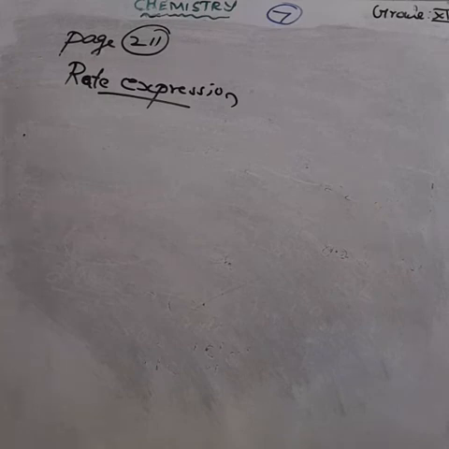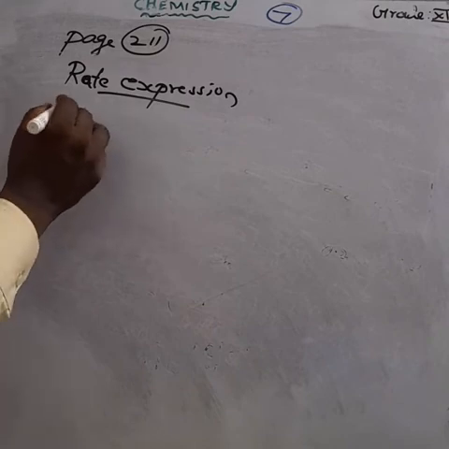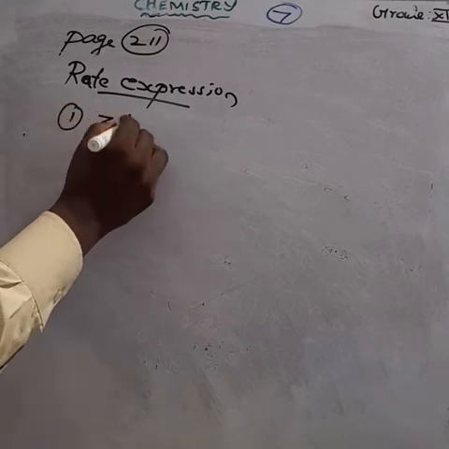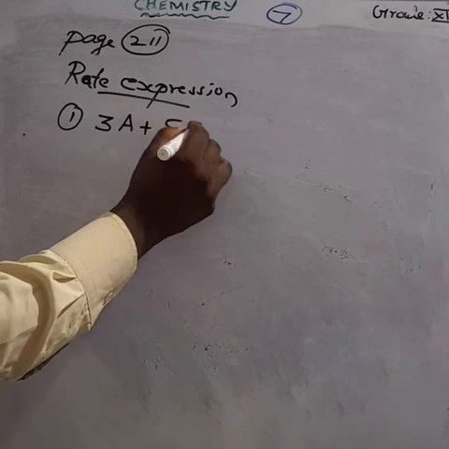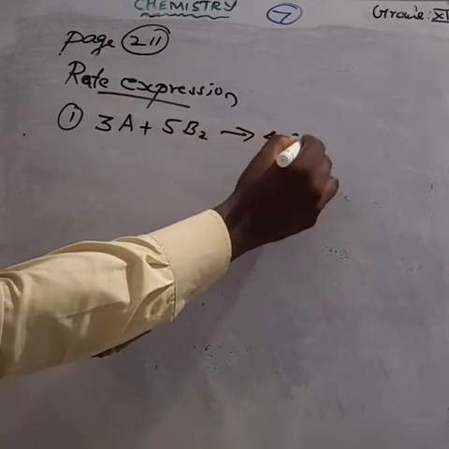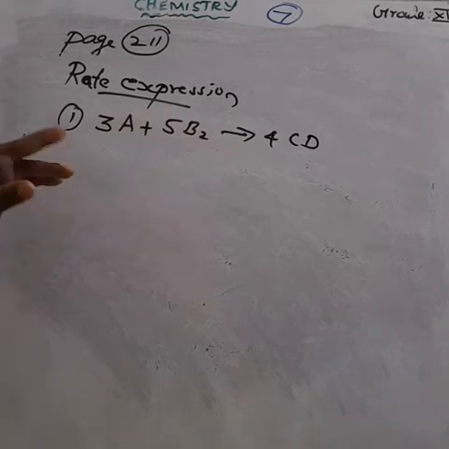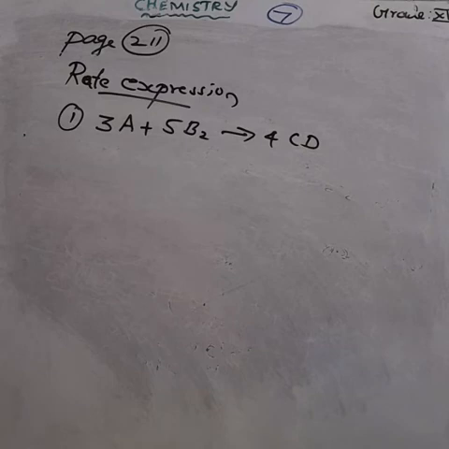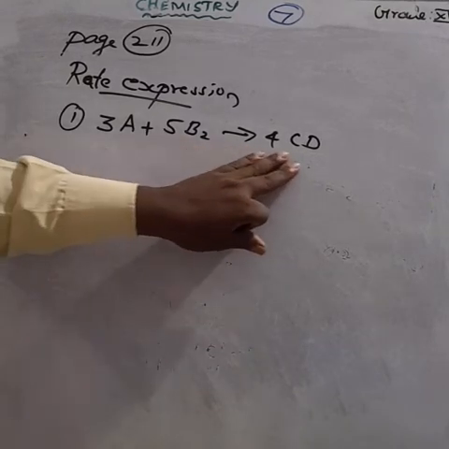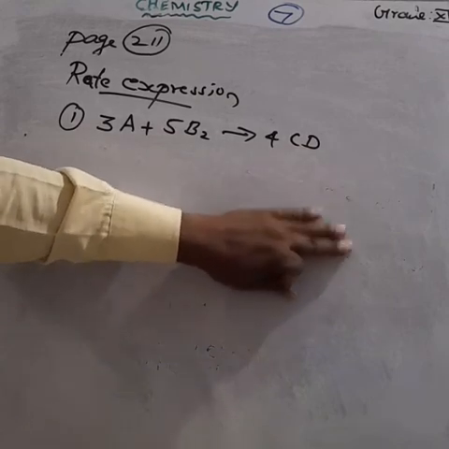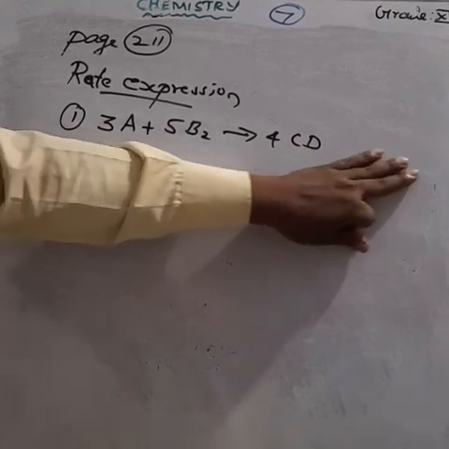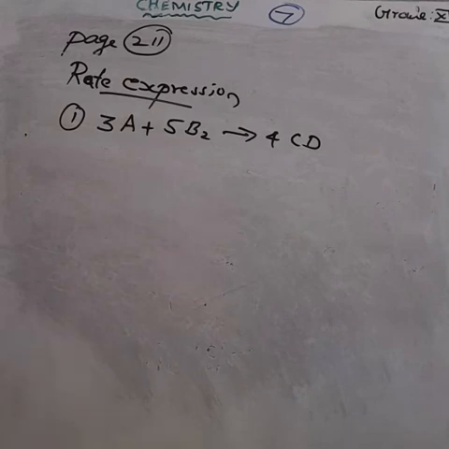Two questions are given. The first option is 3A plus 5B2 gives 4CD. First we have to balance the equation. If it is a balanced equation, we count the number.